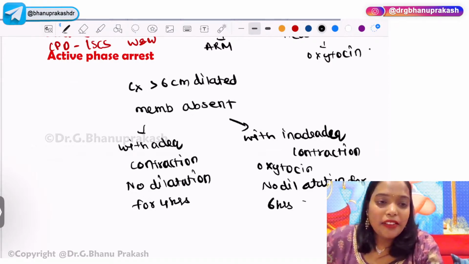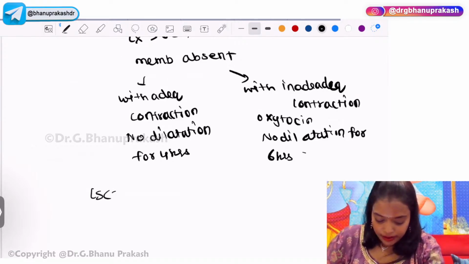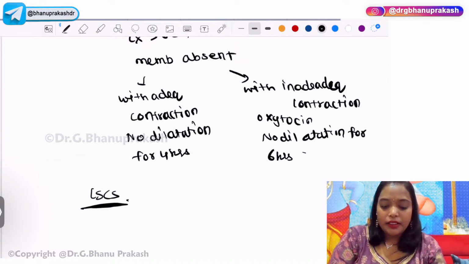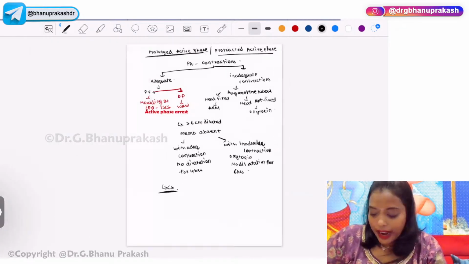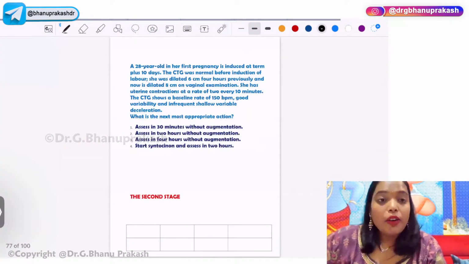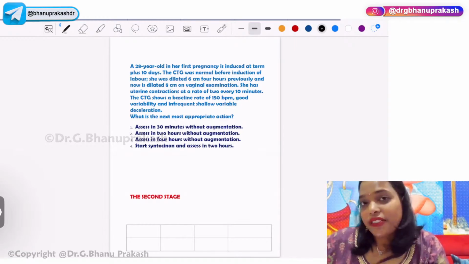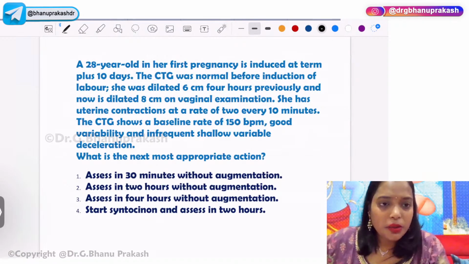Then you call it active phase arrest. What will be the treatment for active phase arrest? LSCS. Treatment for active phase arrest is LSCS. Okay? Right. So that's about the active phase and latent phase. And normally in latent phase, you can review her every 4 hours, whereas in active phase, you have to review her every 2 hours. So let us solve this question.